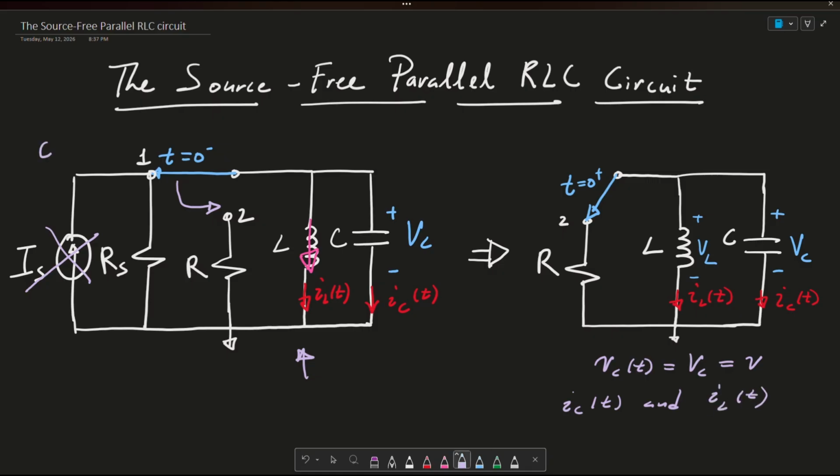And so what I'm going to do is I'm going to call this case 1, and I'm going to call this case 2. And before we solve for both these cases, what I'd like to do is define the source-free parallel RLC circuit in written form.